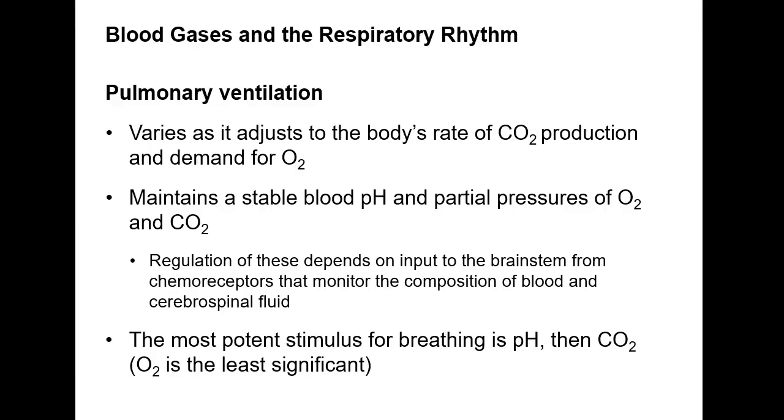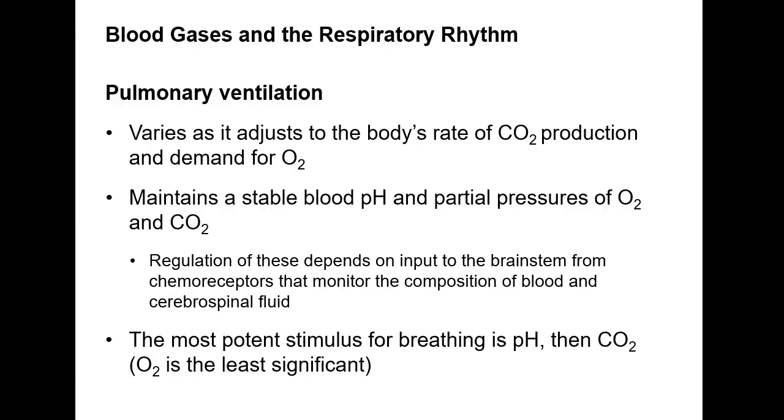Now we know that pulmonary ventilation can change to adjust for the body's rate of carbon dioxide production and demand for oxygen. The main thing that's going to stimulate a change in breathing rate, or a change in pulmonary ventilation, is your blood's pH. Your blood's pH can change throughout the day depending on what's going on, and your respiratory system will respond to that.